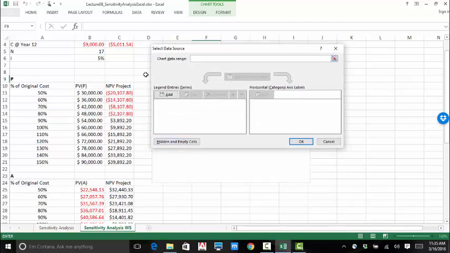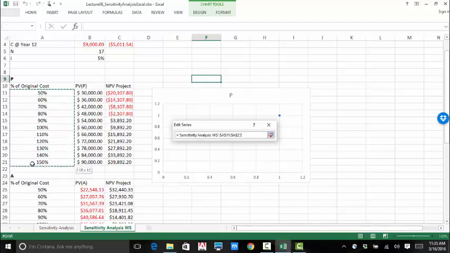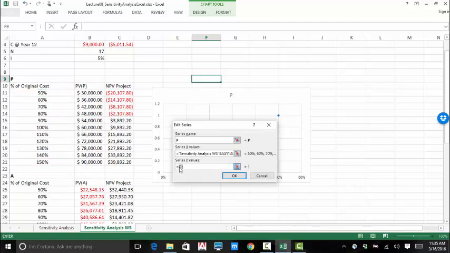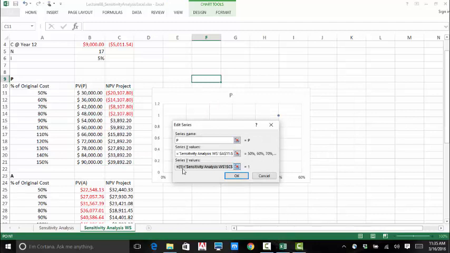We want the chart data range to be, let's go ahead and add a series. So this is going to be P, X values 50 to 150, Y values are the net present value.